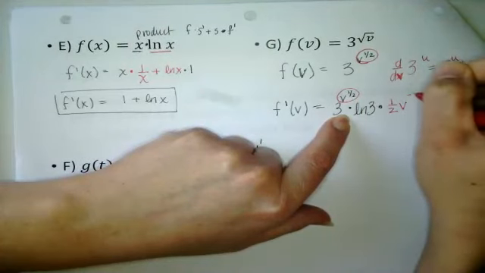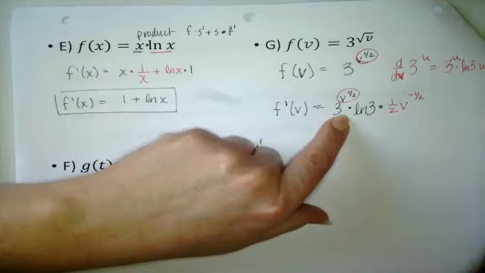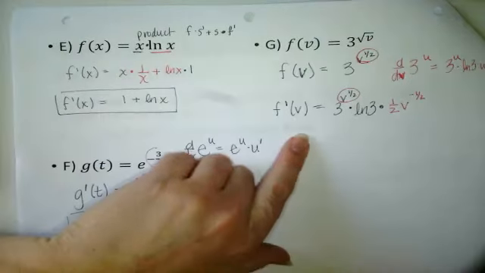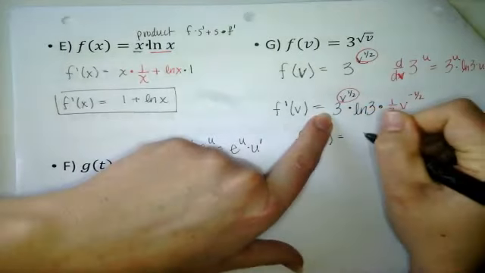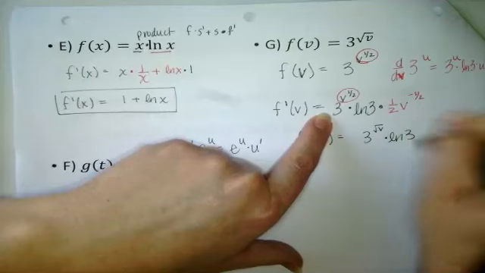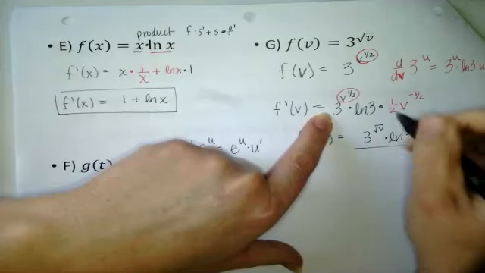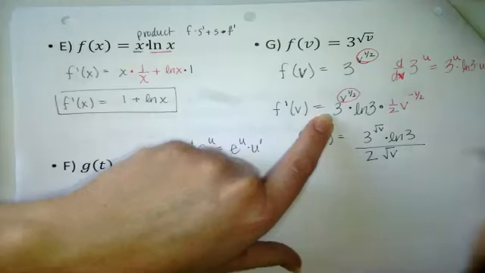So it becomes to the negative 1/2. Okay. If you wanted me to rewrite that a little bit, I guess, I'd think this is 3 to the square root of v times the natural log of 3 over, the 2 is in a denominator. This is in a denominator, so the square root of v.